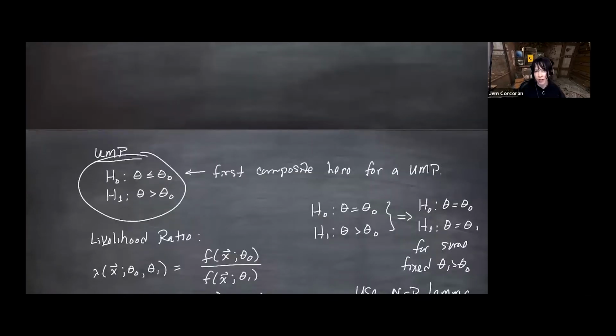And you are also given a family of distributions and a statistic such that you have a monotone likelihood ratio in that statistic.